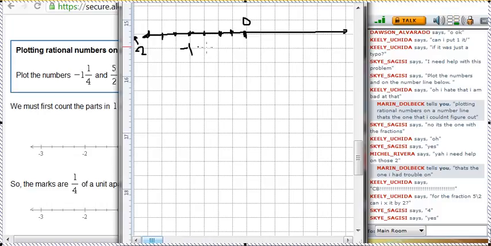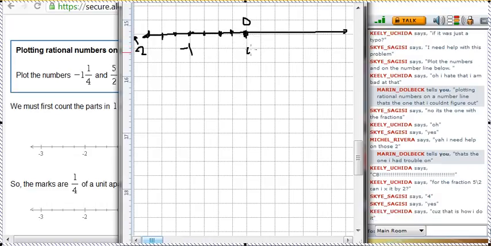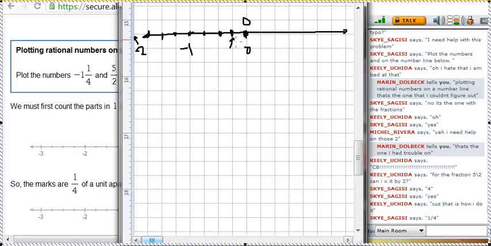Okay, good. Now, if this is 0 and this is -1, what is this part right here? What is this line right there? That's actually -1/4. And this is -2/4.